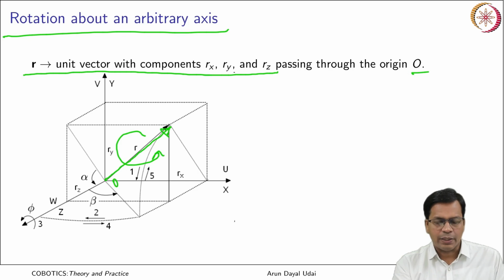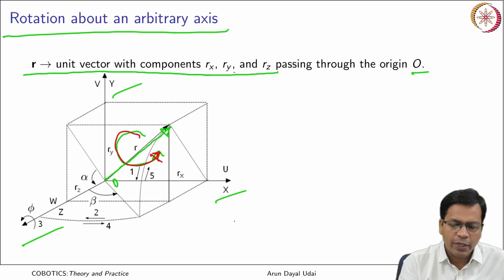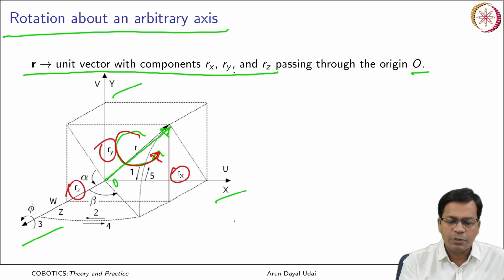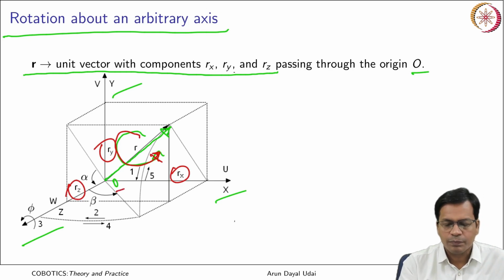How to do that? We just derived rotation about x axis, rotation about y axis or rotation about z axis. This R vector has components Rx, Ry and Rz along the principal axes, that is x, y and z, and this vector passes through the origin.